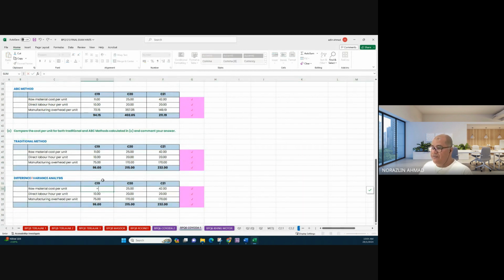Okay, how to compute the difference? Okay, ABC minus TCS. In terms of this one, no variance. In terms of this one, we have the variance here.